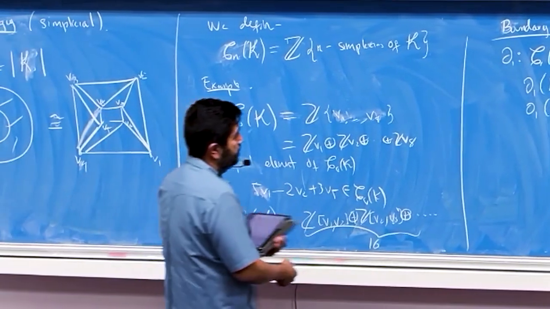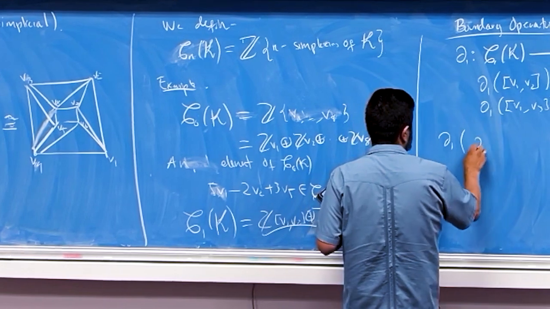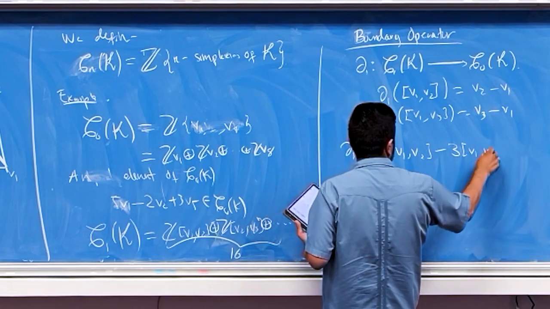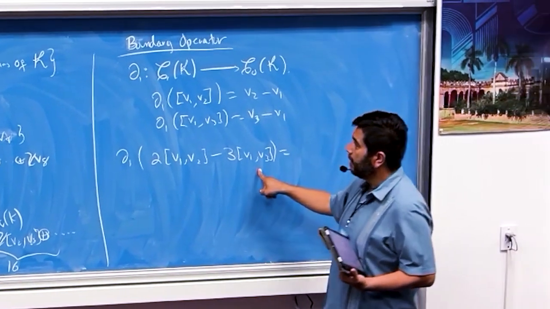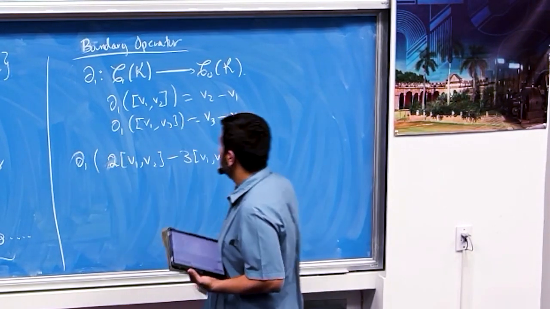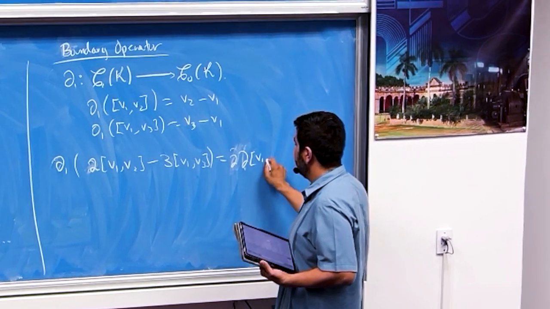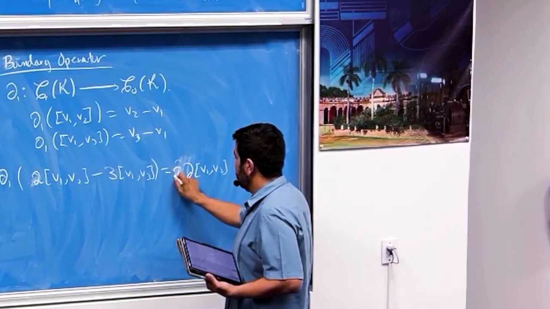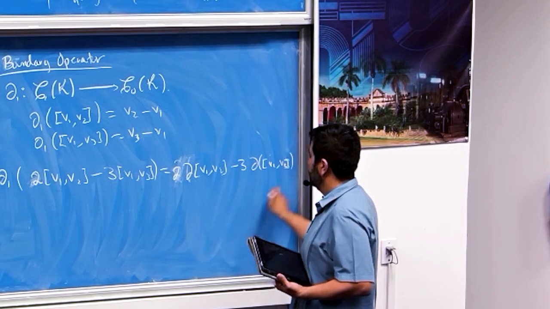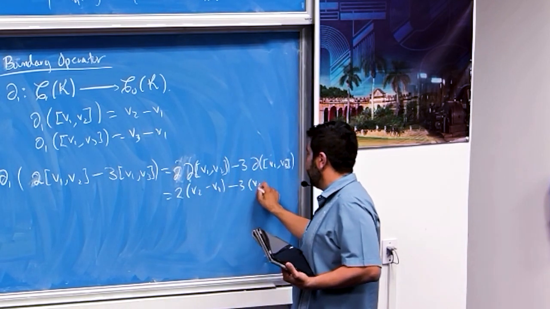And when I said it's gonna behave nicely, I mean whenever I have something like 2 times V1, V2, which is an element of C1 of K, the boundary is gonna be 2 times the boundary of V1, V2, minus 3 times the boundary of V1, V3, which is 2 times V2 minus V1, minus 3 times V3 minus V1.